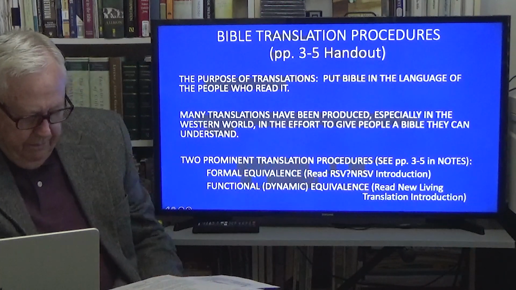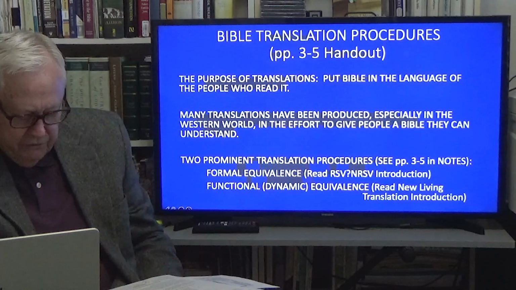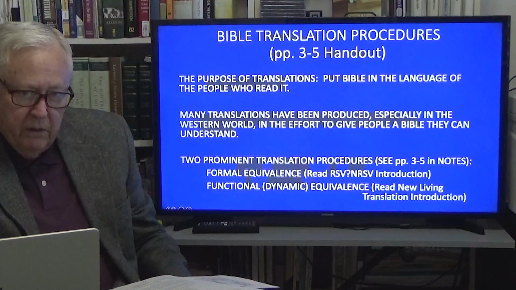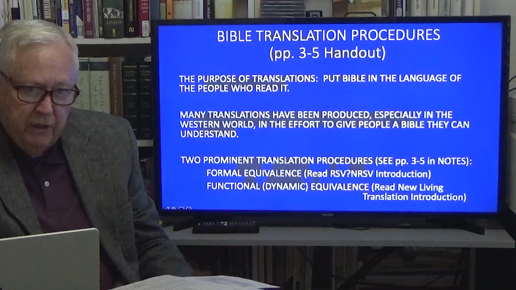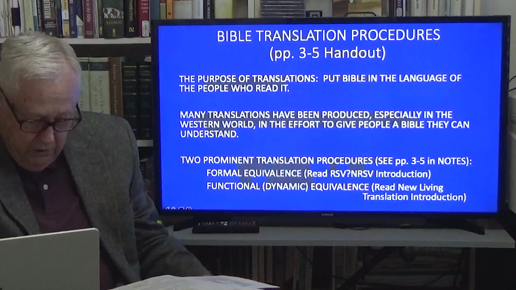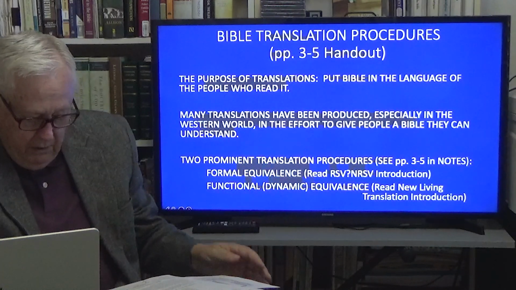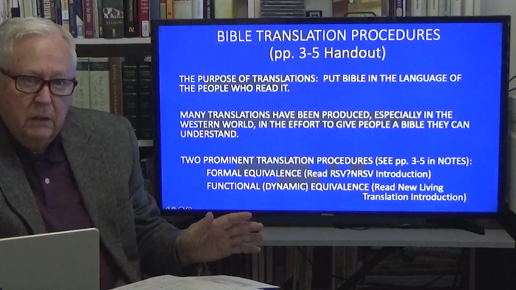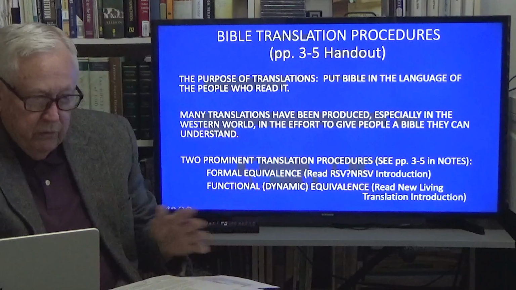Notice what I say. Read the introductions, especially to the NRSV and NLT. That's an absolute must. And you may have those in translation in other languages besides English. Read the introductions. Avoid paraphrases. Avoid study Bibles. Go with straight-on formal and functional equivalent comparison.